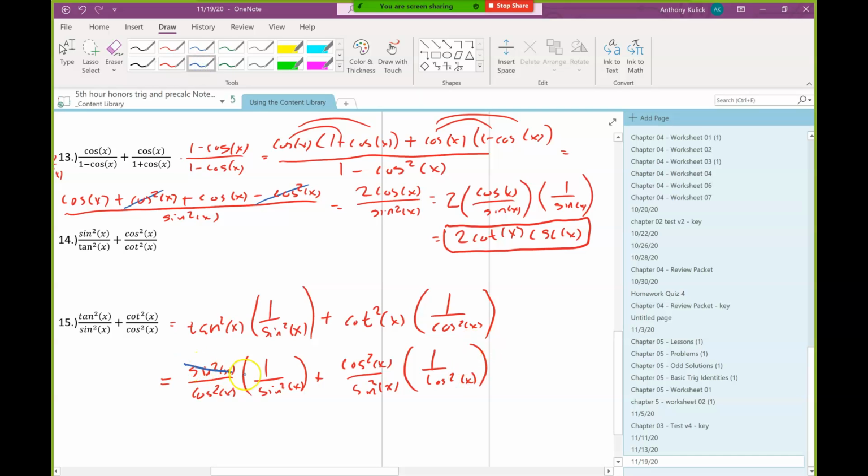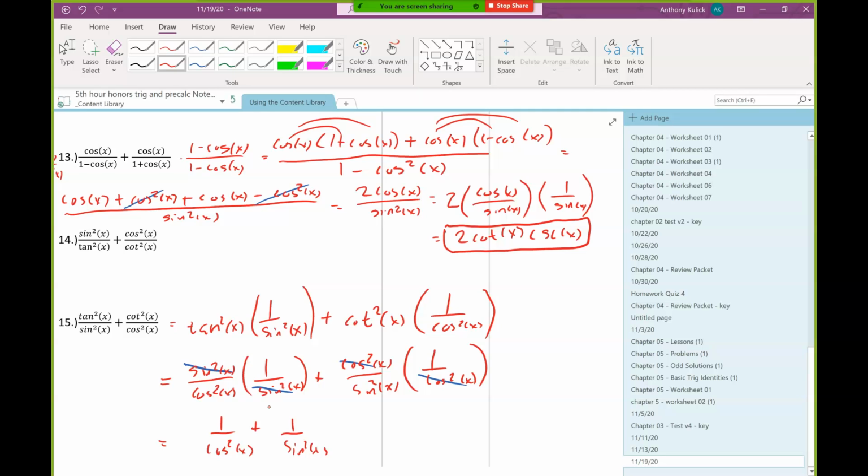And now when I multiply, those reduce. So I'm left with 1 over cosine squared plus 1 over sine squared. So that's already quite a bit better, right?